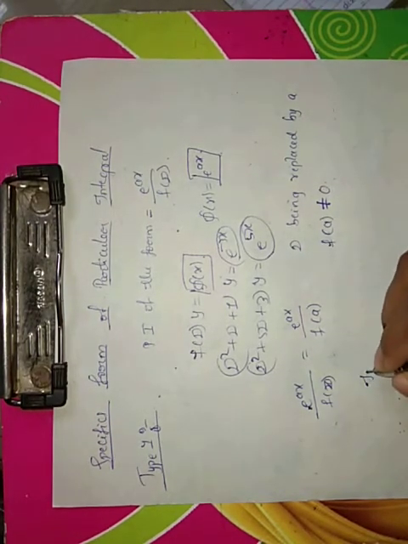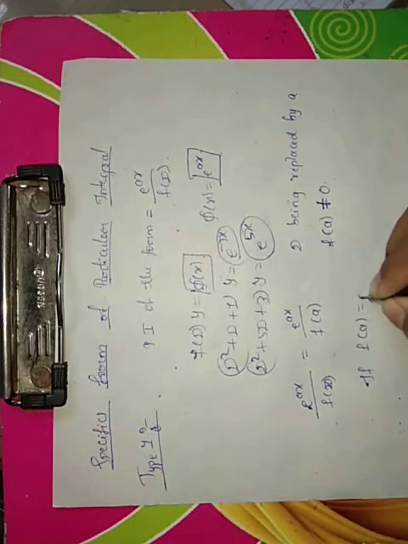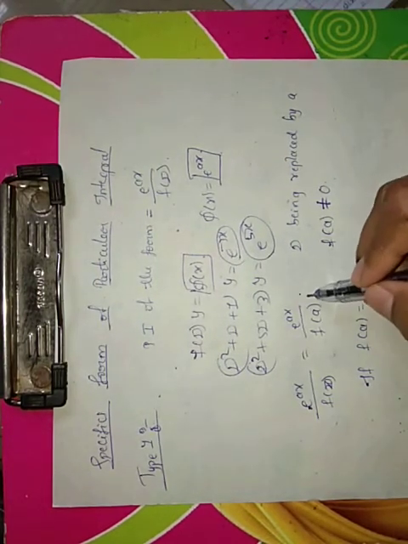Suppose f of a is 0, then how to continue the procedure?